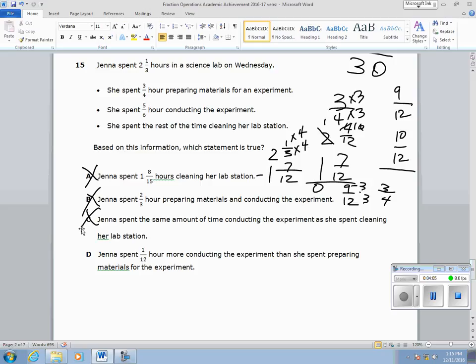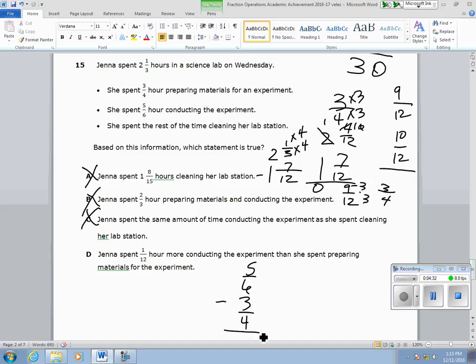Gina spent 1/12 hour or more conducting the experiment than she spent preparing. So let's take the last thing. What they're wanting to do is take how much she spent conducting the experiment than she did preparing the materials. So she took 5/6, and you're going to subtract 3/4.